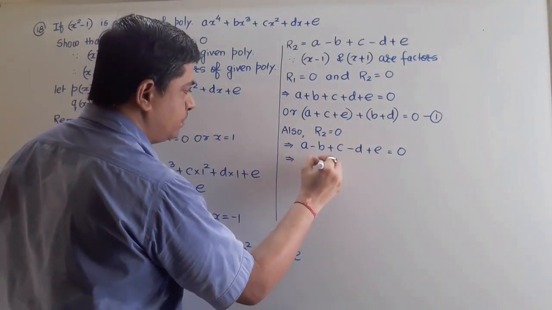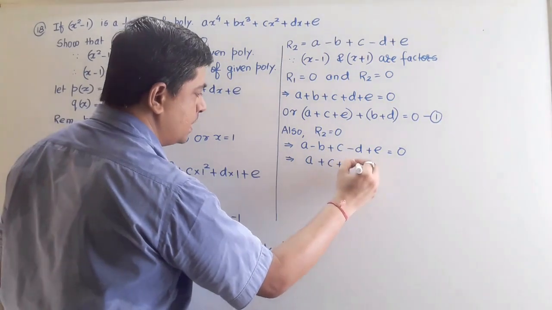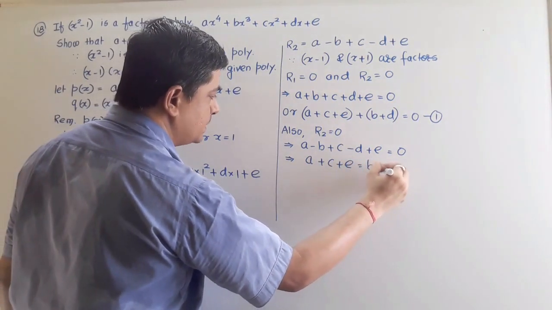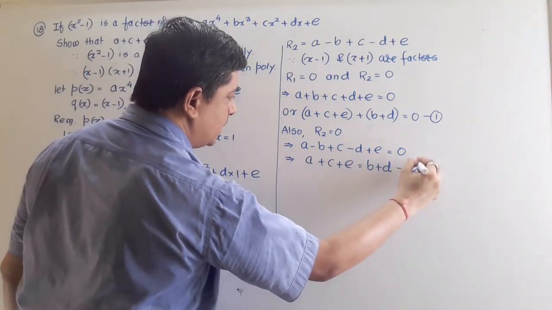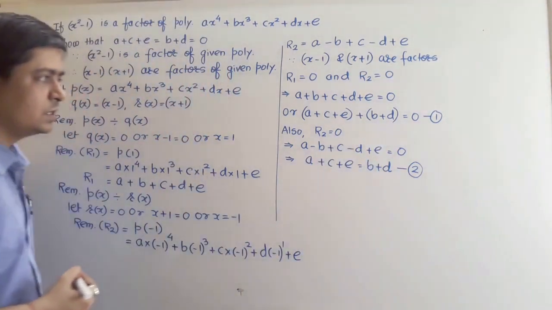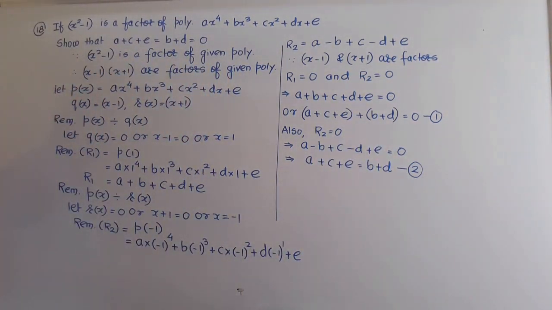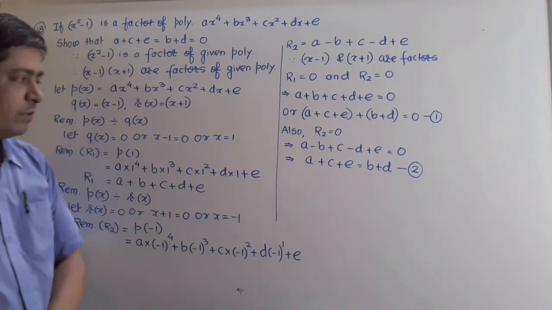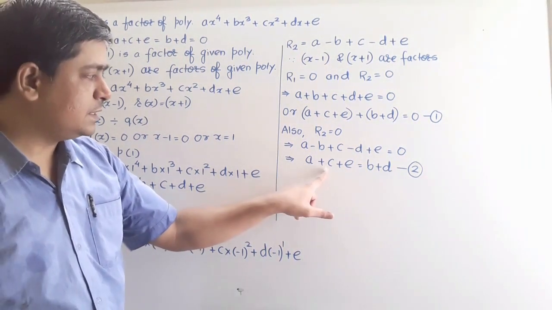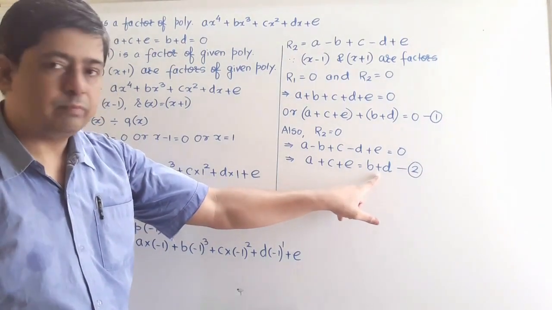So A plus C plus E will be equal to B plus D. This will be my equation number 2. Now you observe, minus B and minus D I have sent to that side will become positive. Now you observe in the second equation, the value of A plus C plus E I have as B plus D.